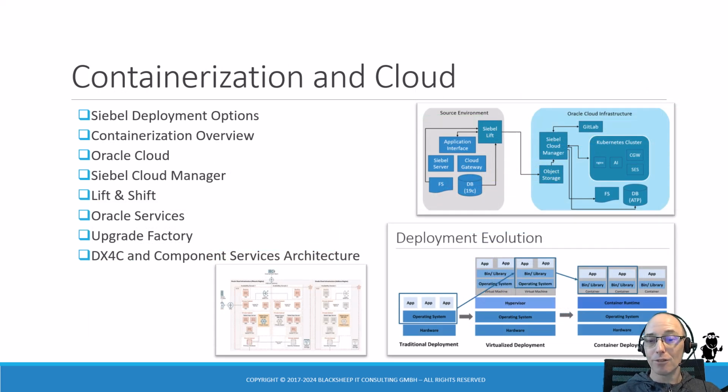And if you stay on the cutting edge of Siebel CRM, you want to investigate options for containerizations and cloud deployments. Here's a chapter that gives you a thorough overview of all the options we have in modern day Siebel CRM. And we will also cover here the role of DX4C and component services architecture.